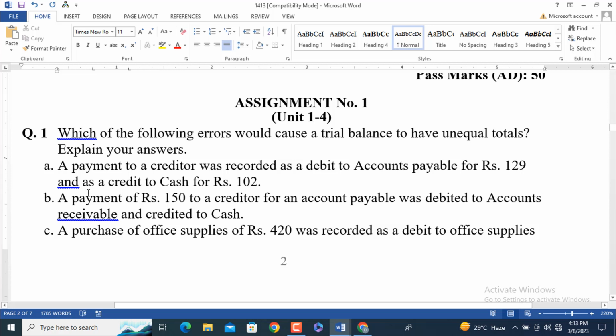So, the first transaction is: a payment to a creditor was recorded as a debit to accounts payable for rupees 129 and as a credit to cash for rupees 102.